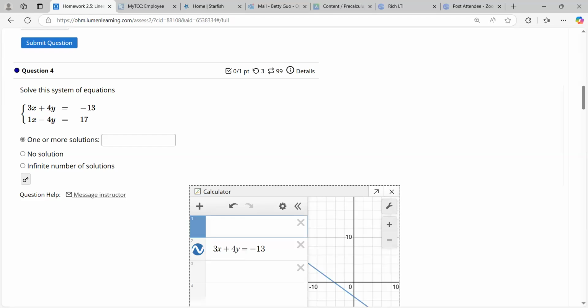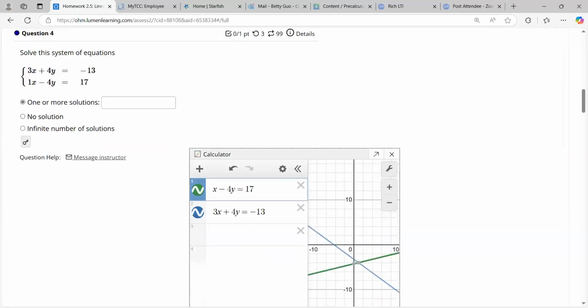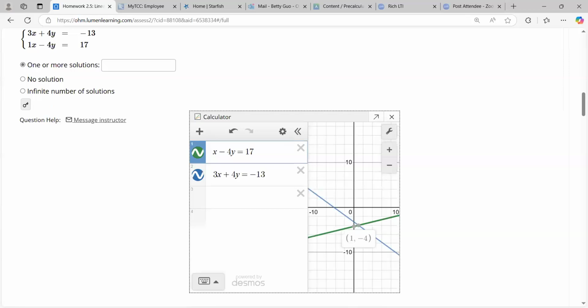Let's see if you can find a solution here. They directly tell you the solution.